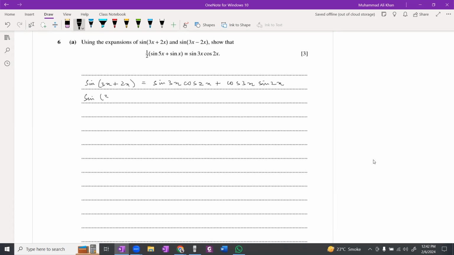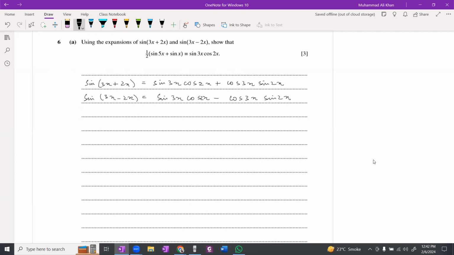Now, sine (3x minus 2x) will be sin 3x cos 2x minus cos 3x sin 2x. And after that, using the expansion of this, show that half of this equals this.